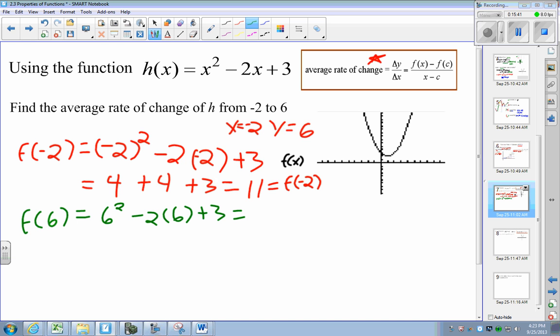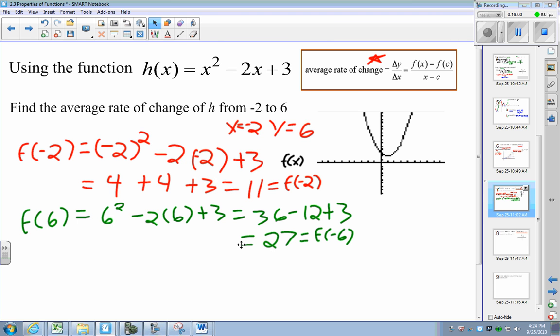So this will equal, okay, I just add everything up. When we do, we'll end up getting this to be 27. All right, and so this is equal to f of 6, or our f of c.